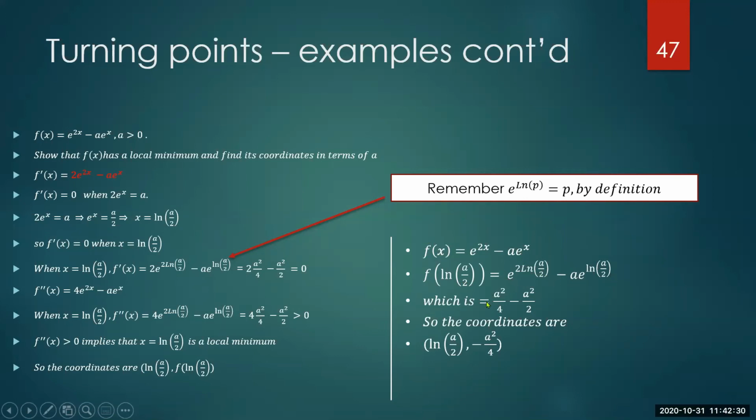And that becomes a squared over 4 minus a squared over 2. So the coordinates then are natural log of a over 2 and minus a squared over 4. Apologies again, this slide is a little bit out of sequence, but I hope you've been able to follow the progress as we've solved this problem.